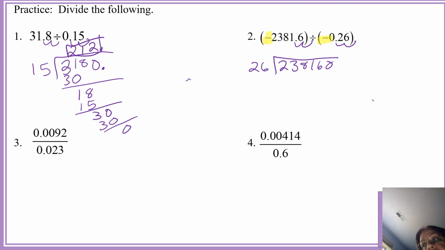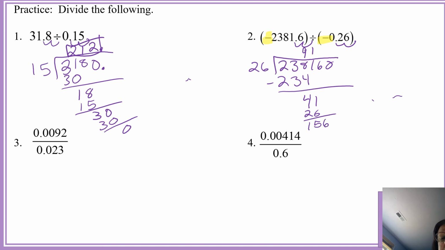26 doesn't go into 23, so it's going to have to be 238. So 26, it's not going to be times 10. So 9 is 234. So yes. So 9 gives me 234. I subtract, I get 4. Bring down the 1. 41. It goes in once. 26. Subtract 14, 15.